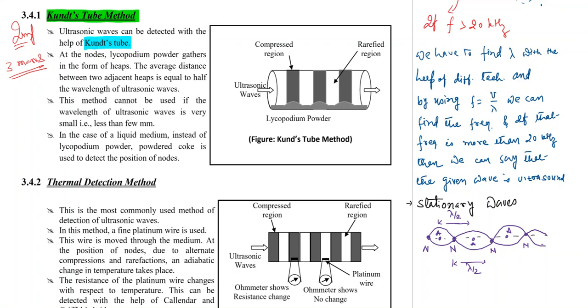What happens here is, this is the Kunz tube, and here lycopodium powder or cork powder is used. It is a powder with the least density. Now when ultrasonic waves propagate through this tube, one end of the tube is closed.